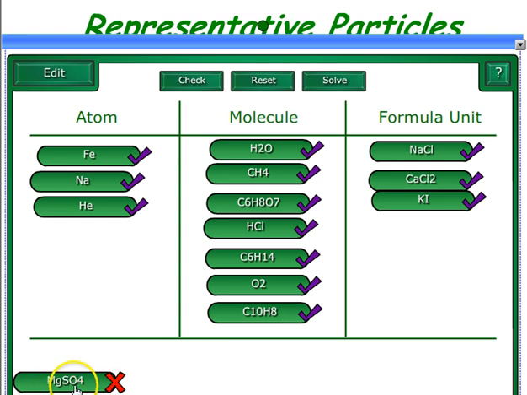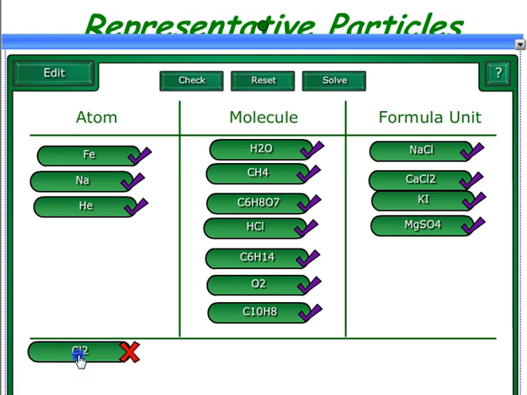MgSO4, metal, nonmetals, it's a formula unit because it's ionic. And Cl2, here we have an element of chlorine, but there are two atoms bonded together making it a molecule, and so there you have it. A little practice in discovering how you refer to these different compounds and elements as either atoms, molecules, or formula units.